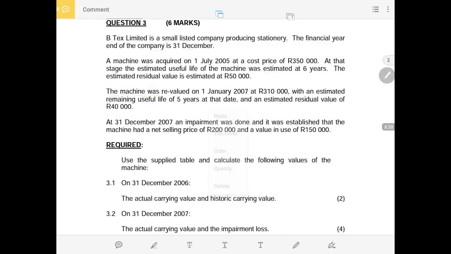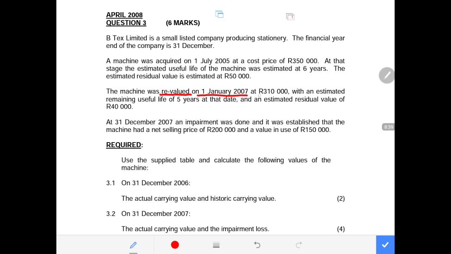Then now we are at this point in time where we are told 1st of January, a day after the end of 2006 accounting period, the machine was revalued at 310,000 rands with an estimated remaining useful life of 5 years. Remember, 1.5 years are gone.